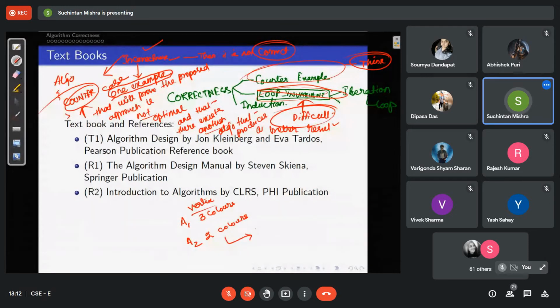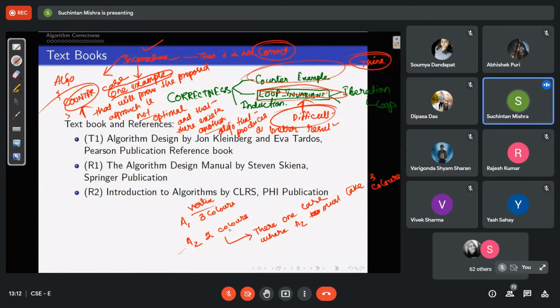I can show that there is one case where A2 must take 3 colors. We have already said that A2 is an algorithm that will always take 2 colors.